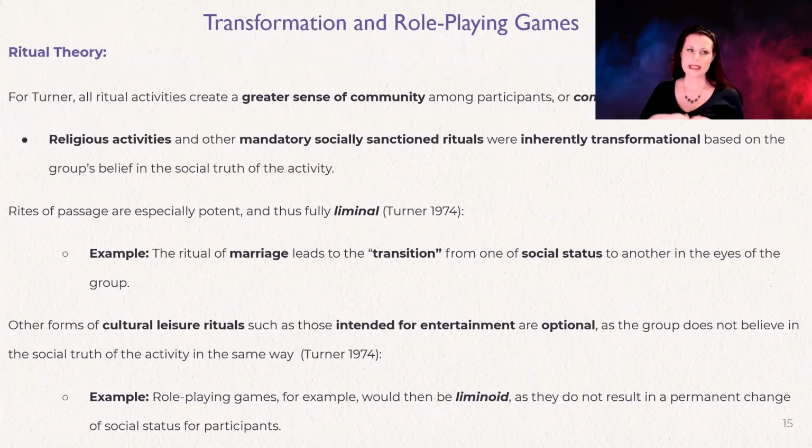And so he says that other forms of cultural leisure rituals, such as those intended for entertainment, are considered optional rather than mandatory. And also, as I discussed, the group does not believe in the social truth of the activity in the same way. A good example of this is when famously there was a Star Trek fan who came to court to do jury duty in her Starfleet uniform.